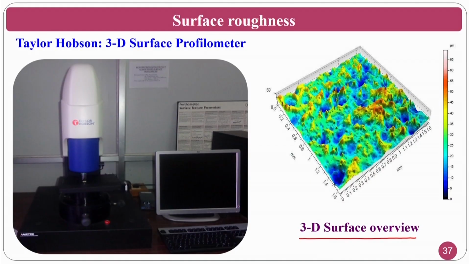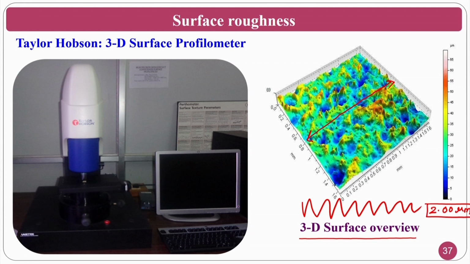If I want a line, here I can get it. If I want to measure surface roughness along a line, I just plot a line here, and this line will give me a surface profile like this. At the same time, assume that this is 2 microns. It will also give you a digital value of 2 micrometers. Both it will give.